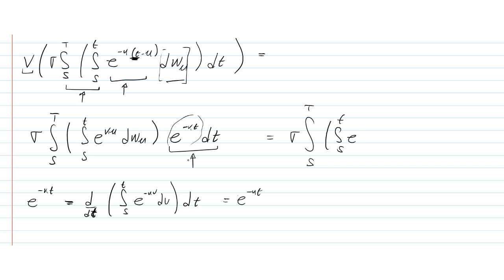I'm just going to rewrite the derivative of an integral from s to t, with a different integration variable. It's going to be a product, and because I've just substituted this part, this integral is always going to dt.